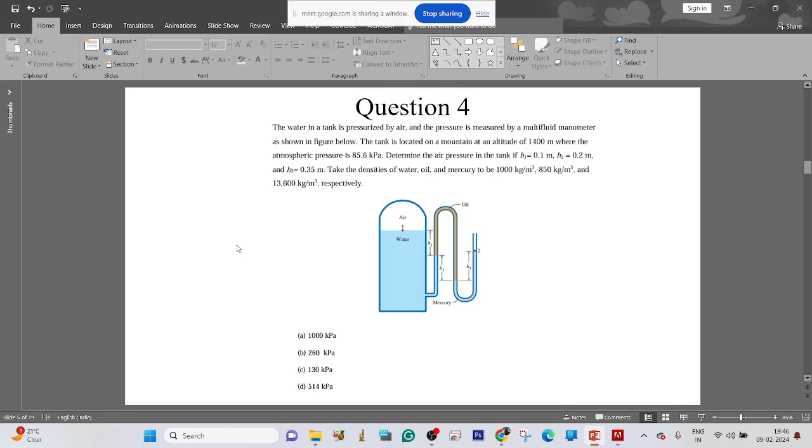This is water, this is closed, this is air. So at point 2, we know that the atmospheric pressure is given as 85.6 kilopascal. So H1, H2 and H3, everything is given. Density is also given. So we have to find the air pressure in the tank. That is, we have to find the pressure at point 1, P1.